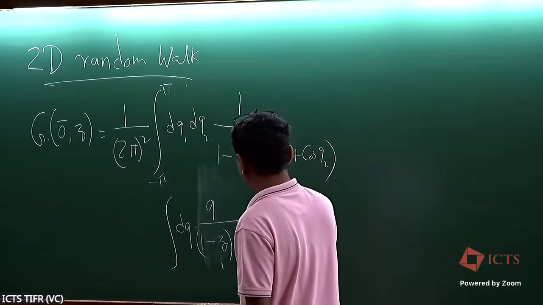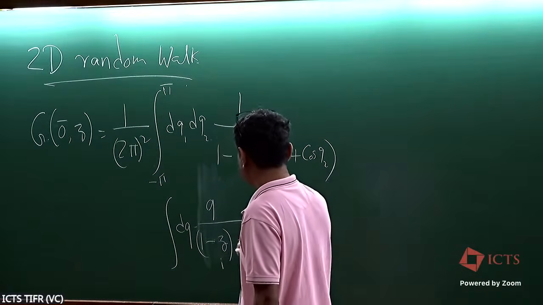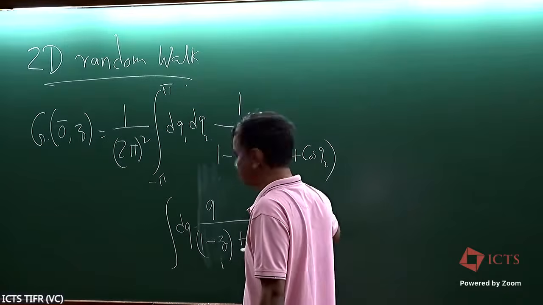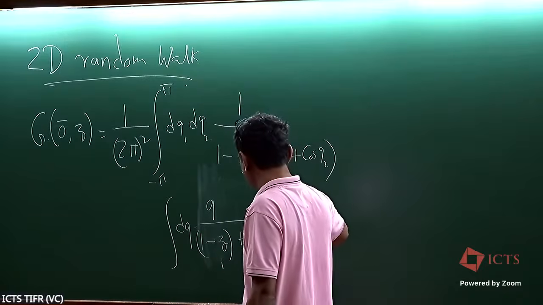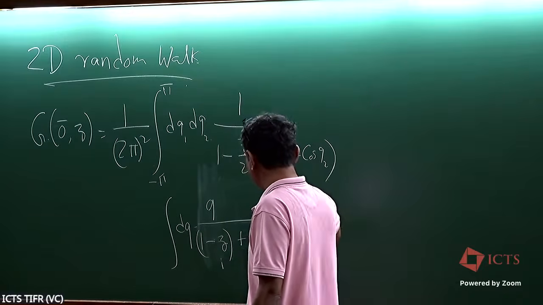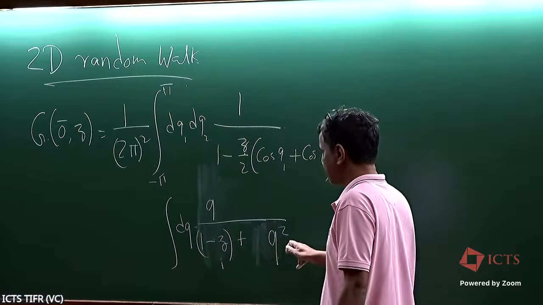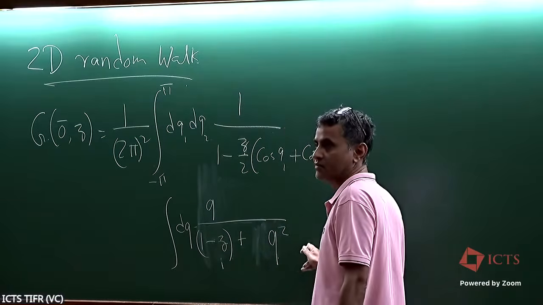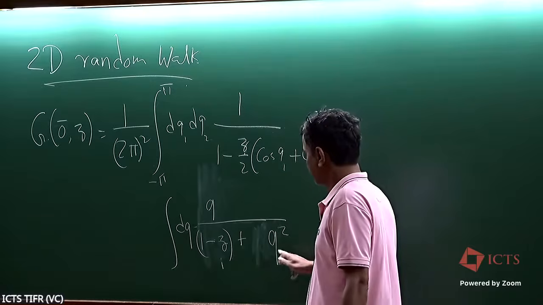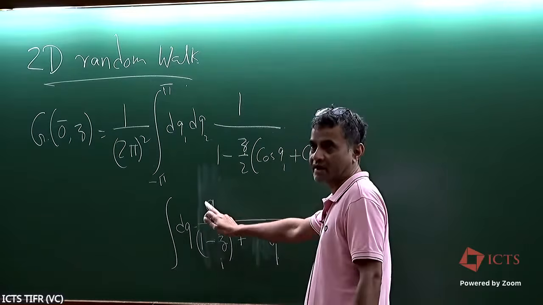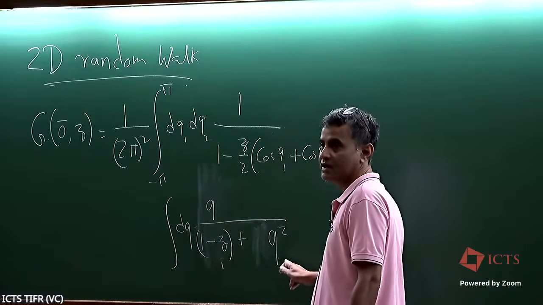Now, since we are anyway going to put z close to 1, we can put this as 1, and this integral will give what? Of course, we can write this as dq square. So what will it give?